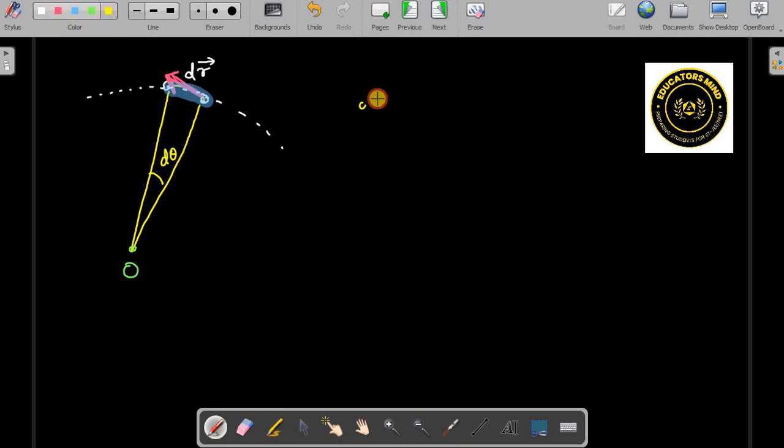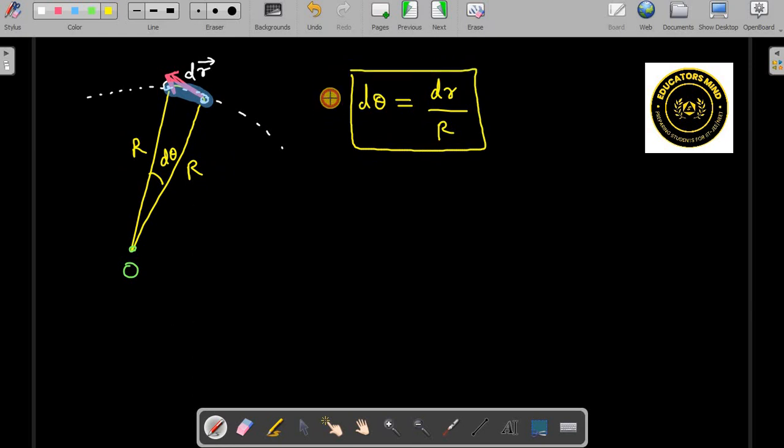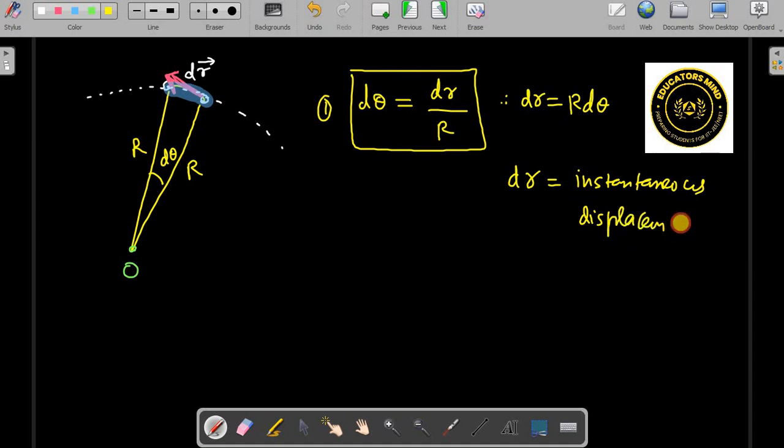So here, for this d theta, all of us know the angle is arc length divided by radius. Let's say the radius is capital R. This is the definition of angle in radians, right? That's why the arc length dr is equal to r d theta. Here, what is dr? You should remember dr is the instantaneous displacement, and of course it is magnitude only.